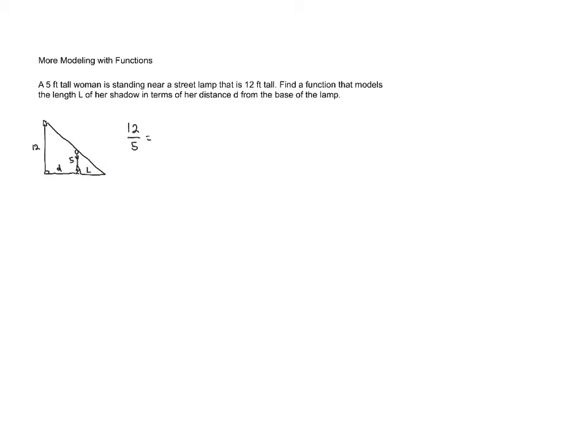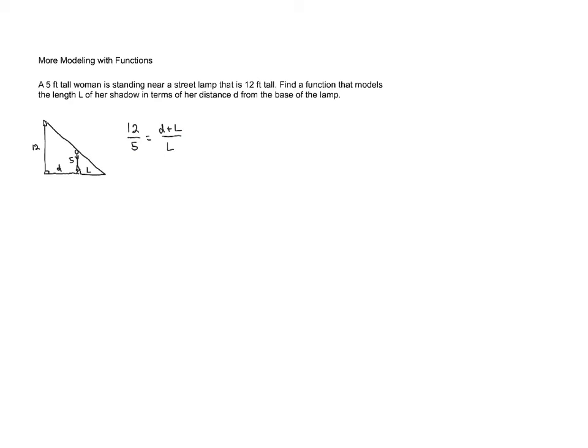The larger triangle's base is d plus L, and the smaller triangle's base is just L. So we can use similar triangles here to express a relationship between these quantities. And what we want is a function that models the length of her shadow in terms of the distance, so we want to solve this equation for L in terms of d.